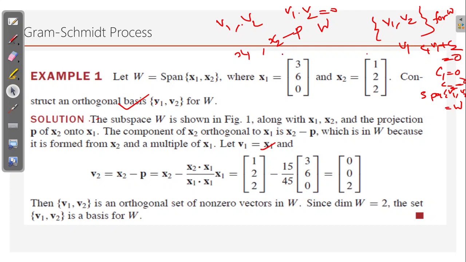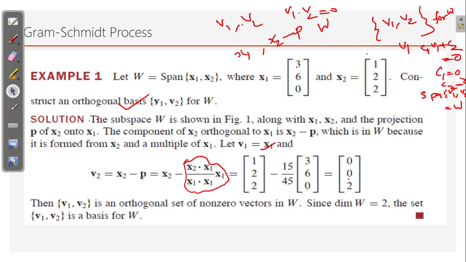Then v2 is x2 minus the projection p. The projection formula is x2 dot x1 divided by x1 dot x1, into x1. Now we get v2 as 0, 0, 2.